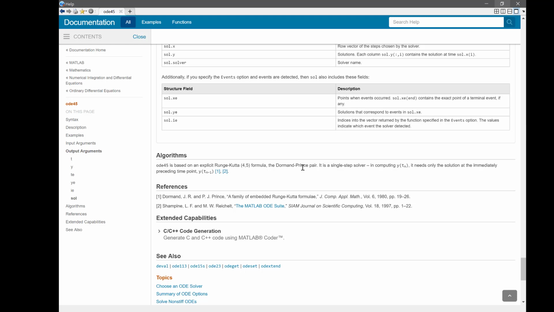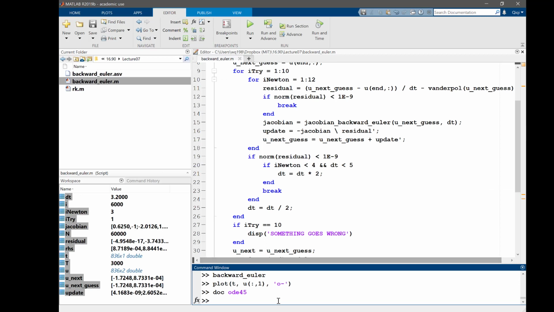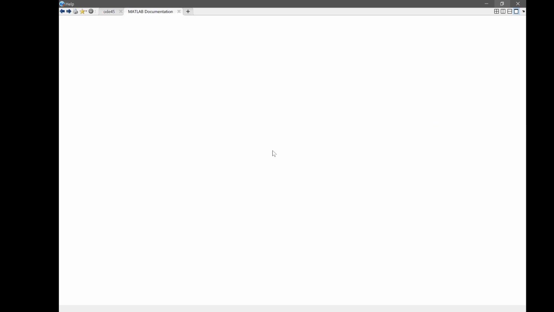There is this lucky coincidence when you have a 4th order scheme and a 5th order scheme that can share a lot of computation. But using the same idea, MATLAB also has ODE113.